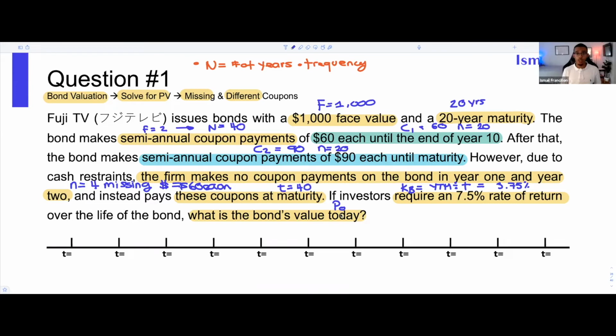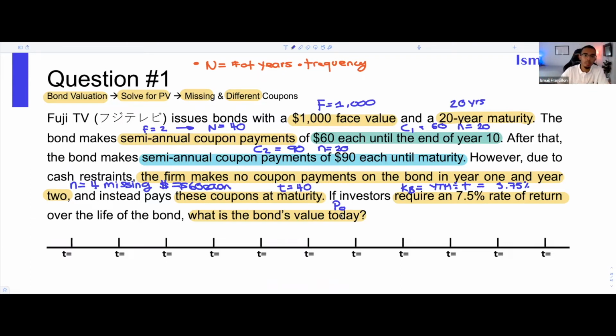In fact, there are only 4 variables in our formula, and you can see them on the screen. It's F, the face value, N, the amount of years, in other words the amount of payments, KB, our cost of interest, and C, our coupon payments. So F, C, K, and N. Those are the 4 things that you're looking for, nothing more, okay?